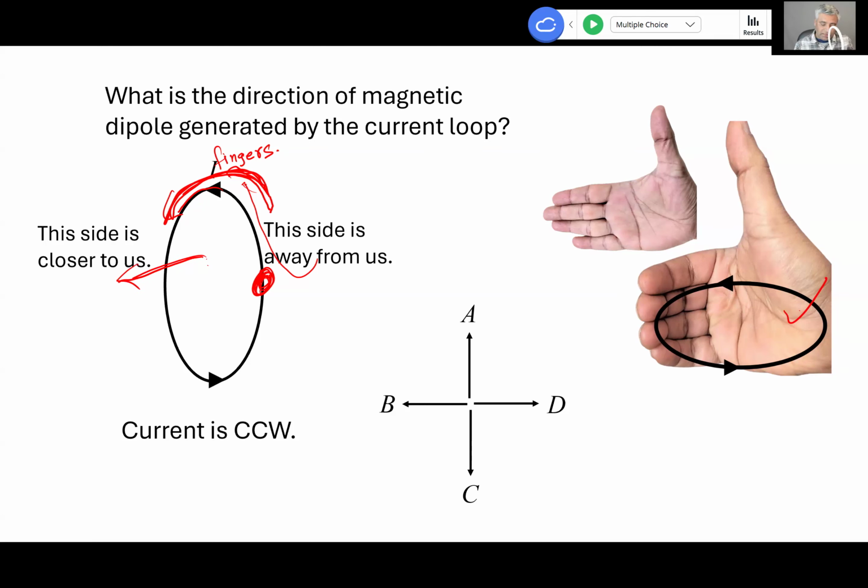Let's say this loop is near you. What I meant was a phase, and I think that is also kind of confusing. So the loop itself is closer to you. Let's think of something like that. I think that's going to be better. So that loop is closer to you. When you do that, now your thumb should give you the direction of B.